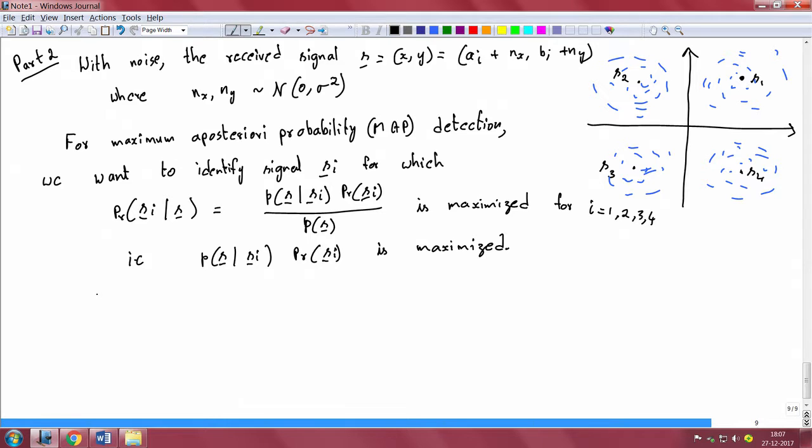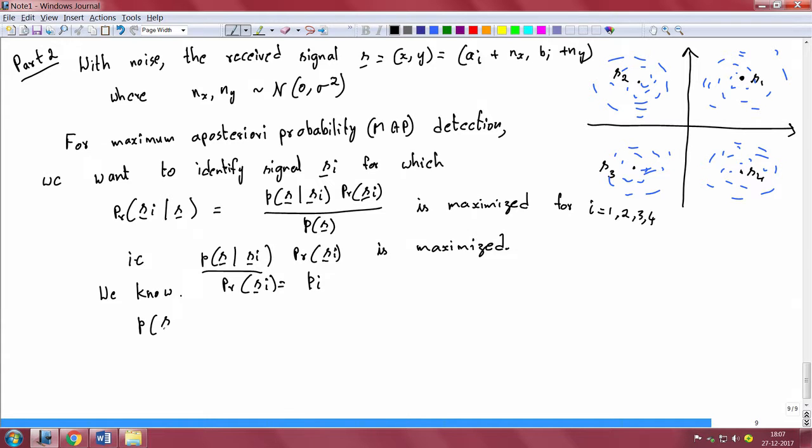So, we know here in order to compute these, we have probability of Si equal to Pi, the values are given, and in order to compute this other term, probability of S given Si, we just expand it.